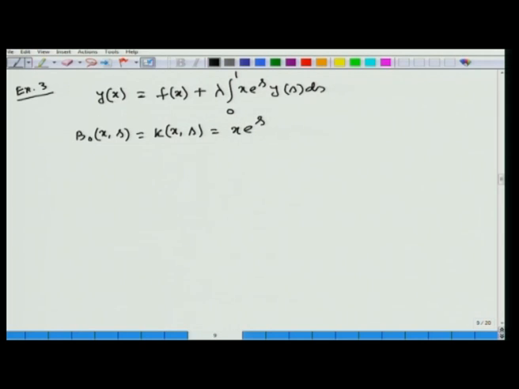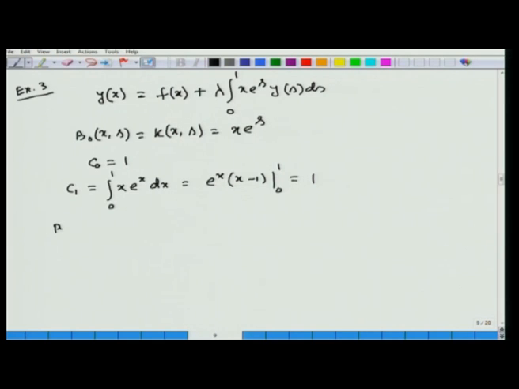So, this is our kernel, and c0 by definition is equal to 1. Now, we can calculate c1, which is equal to the integral from 0 to 1 of x e^x dx. Evaluating, you can find e^x (x − 1) with limits 0 to 1, and this results in 1.